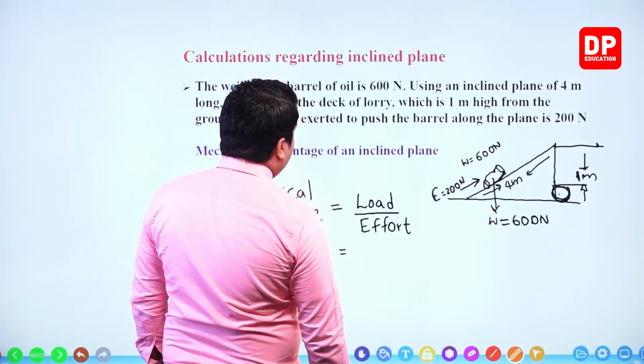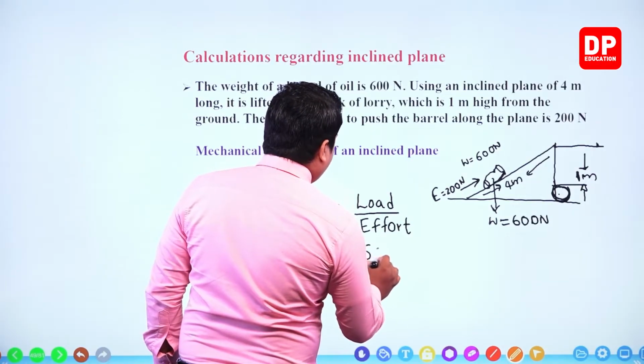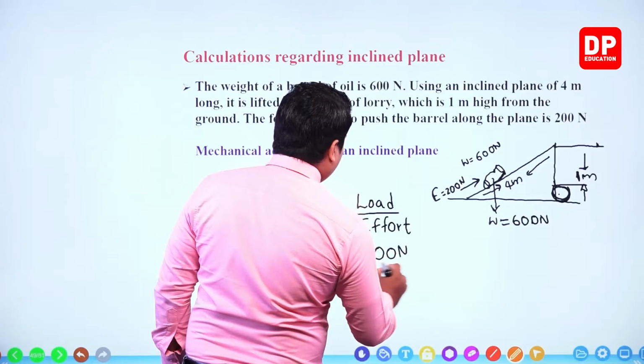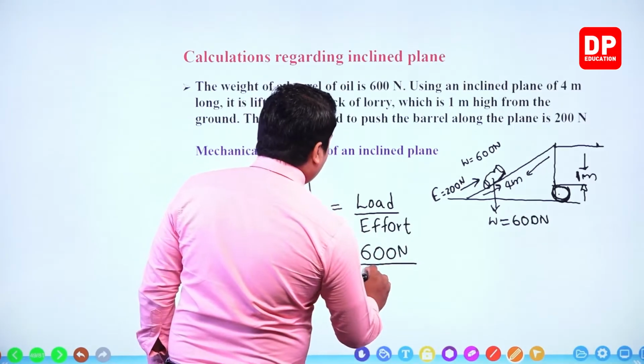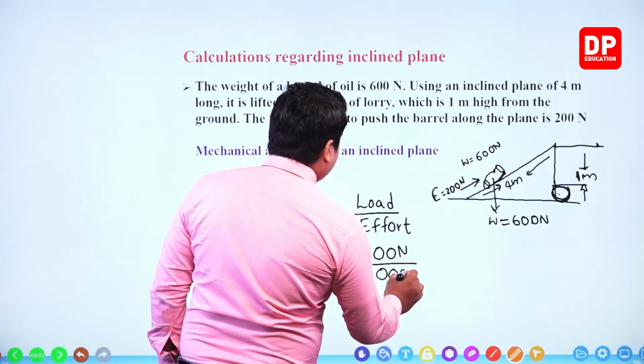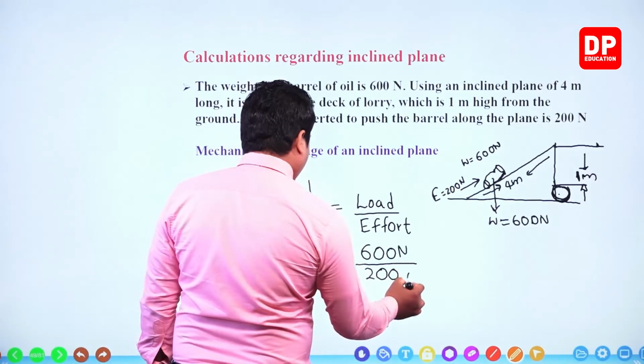So the load is equal to 600 Newton. The effort is equal to 200 Newton, right? 200 Newton.